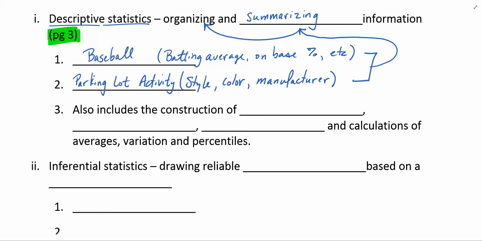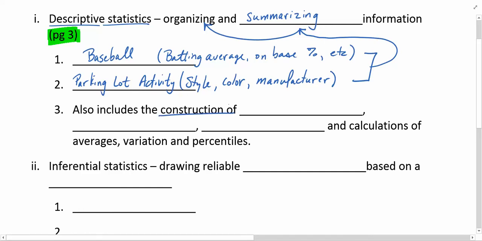And a couple of ways that we showed our descriptive statistics is that we concluded our findings by creating graphs, charts, tables, and other calculations of averages, variations, and percentiles.